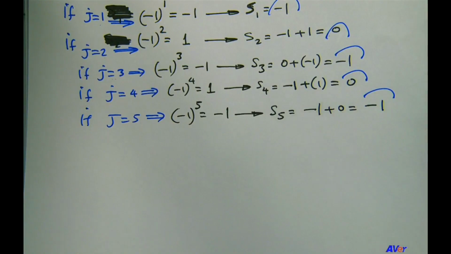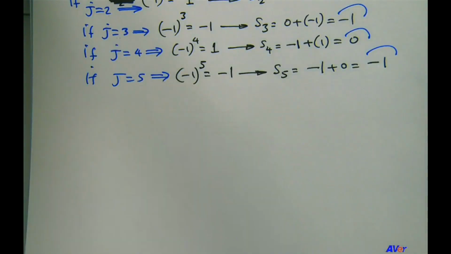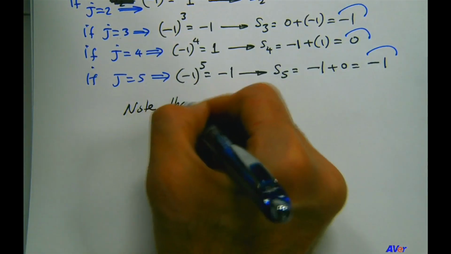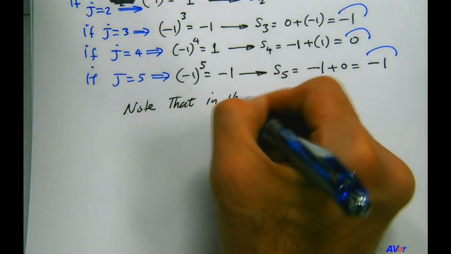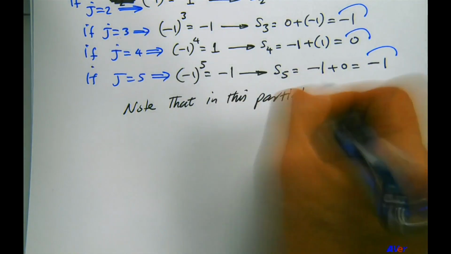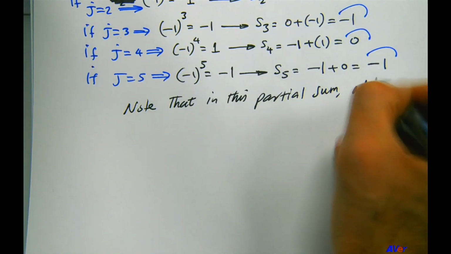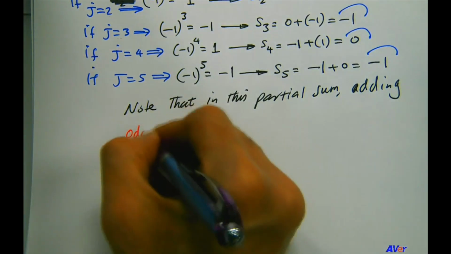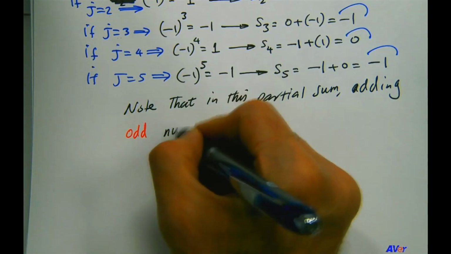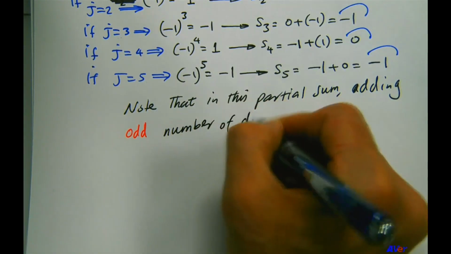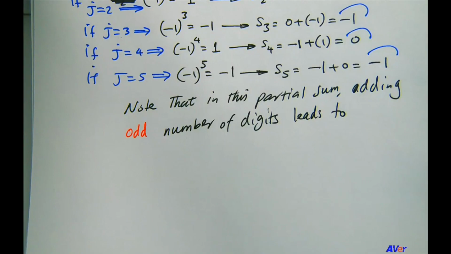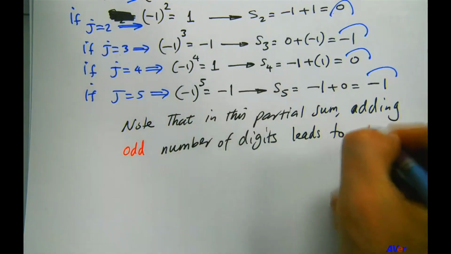So note, let me write that here. Adding an odd number of digits leads to, as we've just uncovered, negative 1.